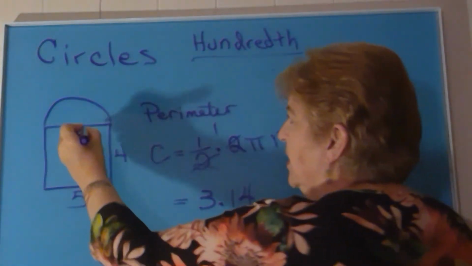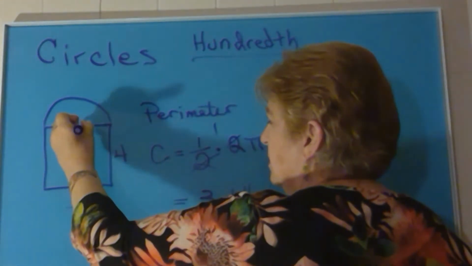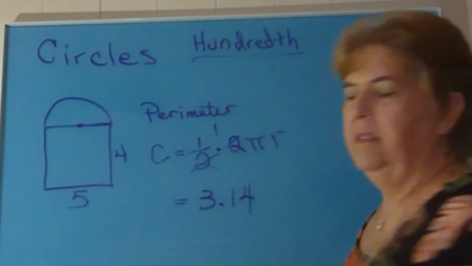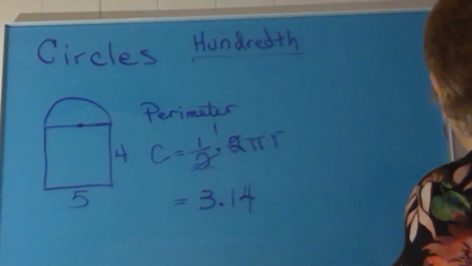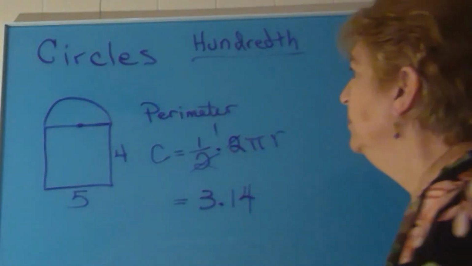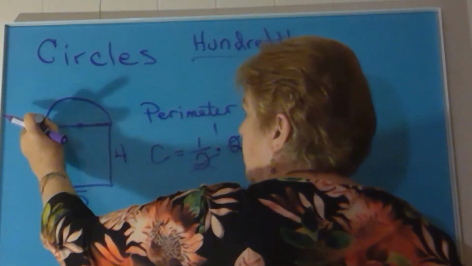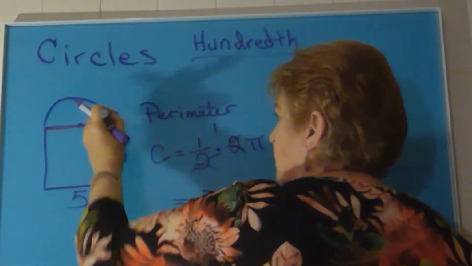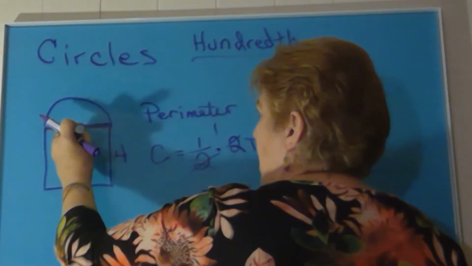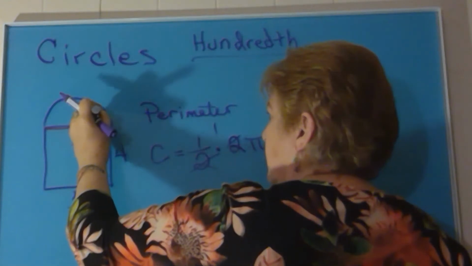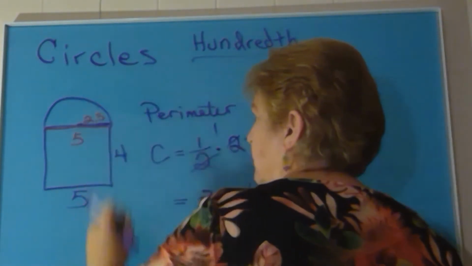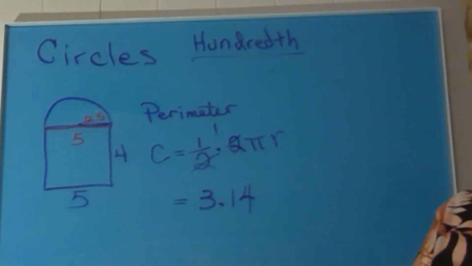Well, that's not given. What is that radius? Well, actually, the diameter is given. The diameter goes all the way across. So that's 5. That means the radius is half of that, or 2.5.